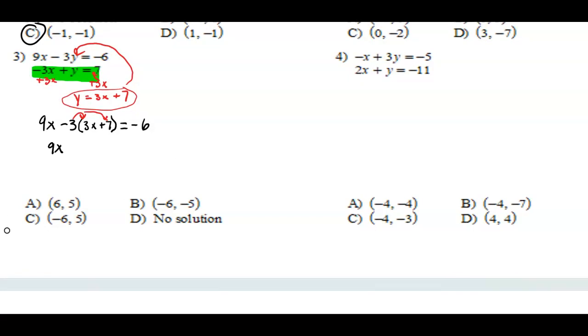So 9x minus 9x minus 21 is equal to negative 6. Well, 9x minus 9x, that's 0. So I'm left with negative 21 equals negative 6. That's a not true statement. So you're going to have no solution in a problem like that.